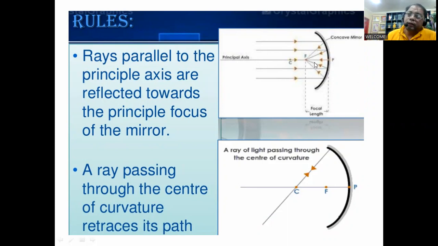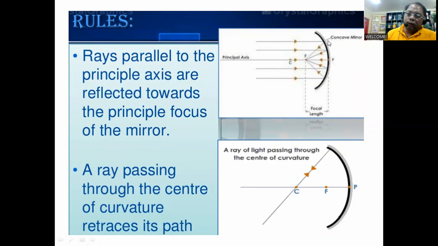The sun can be considered as a source of light from infinity. Now that light that comes from the sun, we believe them to be parallel to one another, and so they are parallel to the axis of this mirror. So if they all are parallel to the principal axis, they will all reflect going into the focus or the focal point.